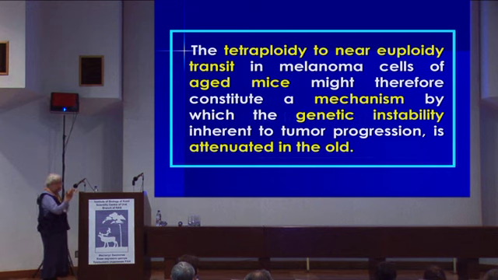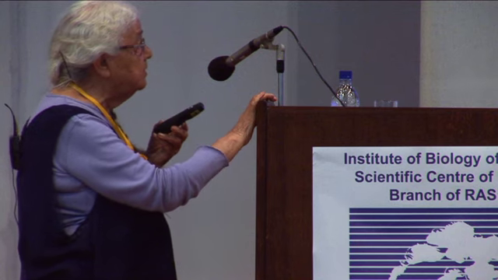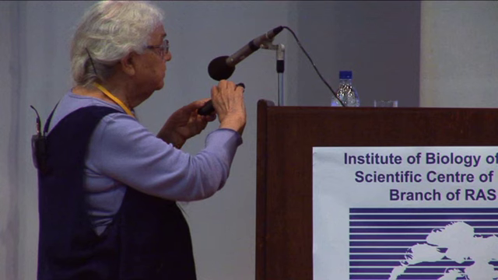Now, what we found here, the tetraploid to near euploidy transit in melanoma cells from old mice might constitute one more mechanism by which the genetic instability which is inherent to tumor progression is attenuated in the old.